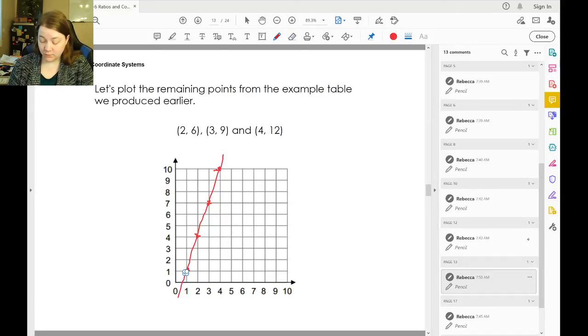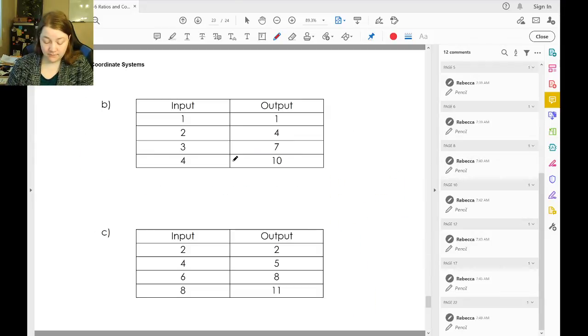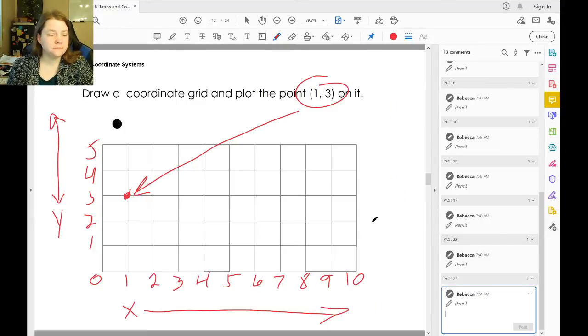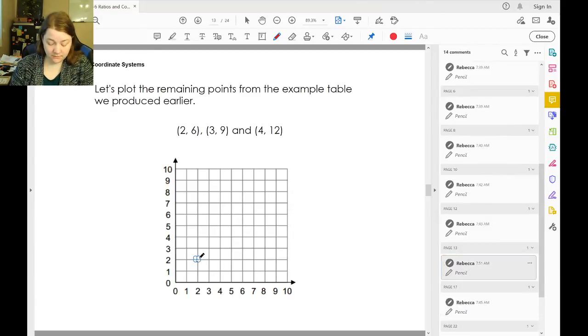For the last one that we had on that page, 2, 2, 4, 5. I'm going to go ahead and graph 2, 2. I'll go ahead and find 4, 5, 6, 8, and 8, 11.